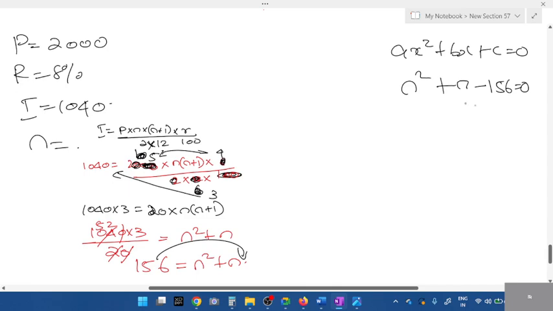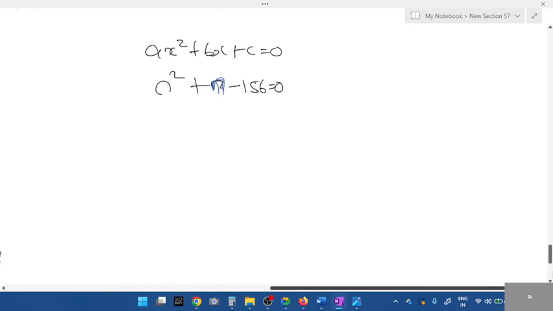How will you all solve this, students? First, always try factorization. Even in banking questions, sometimes factorization works easily. 156, 1 into 156, 2 into, all of you respond.